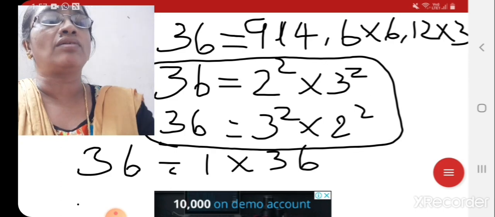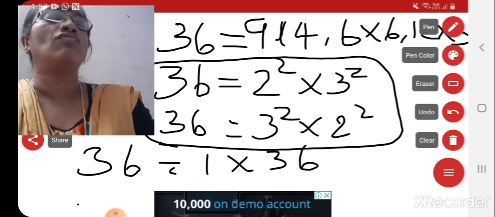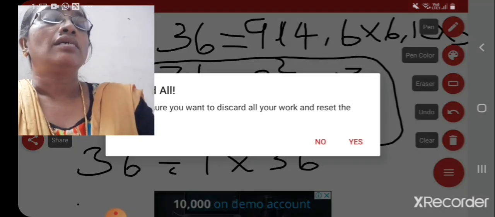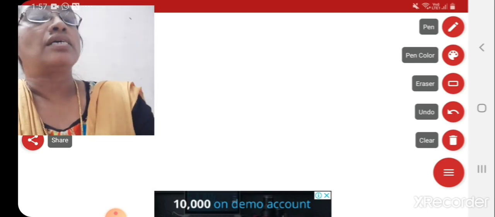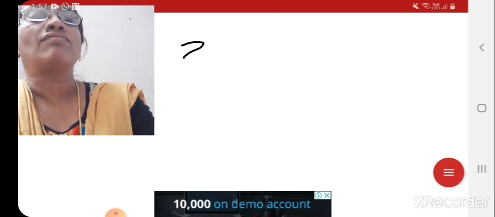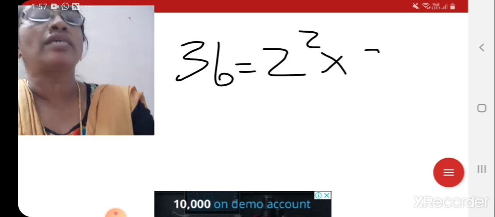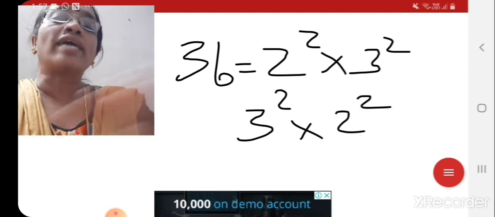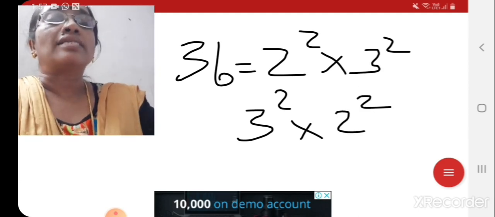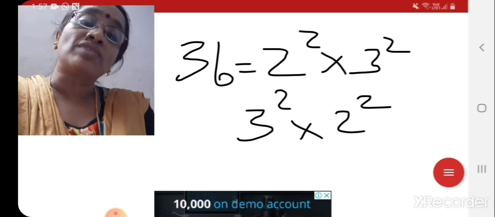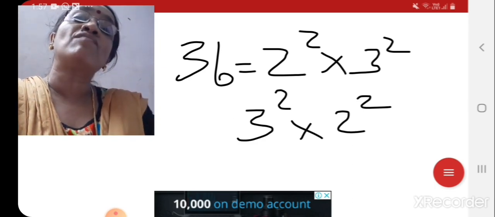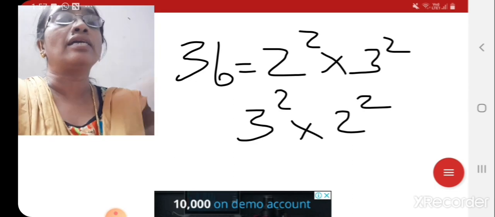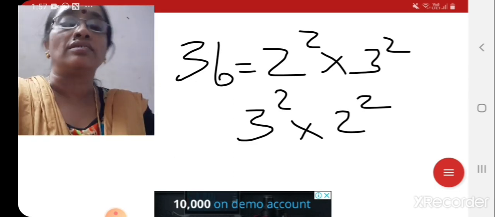So I am writing that once again. That is, 36 equals 2 square into 3 square or 3 square into 2 square. These two cases are the factorization of 36 as well as the prime factorization, because here it involves only prime numbers.